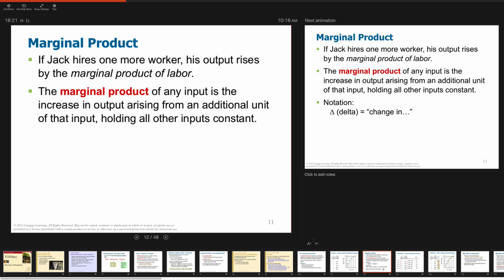If we were talking about capital goods instead of labor as the input, it's the additional output you get from one extra combine. It's the additional output you get from one extra acre. It's the additional output you get from one extra application of herbicide. You can do it for any one extra whatever, but one extra input produces a marginal increase in output.